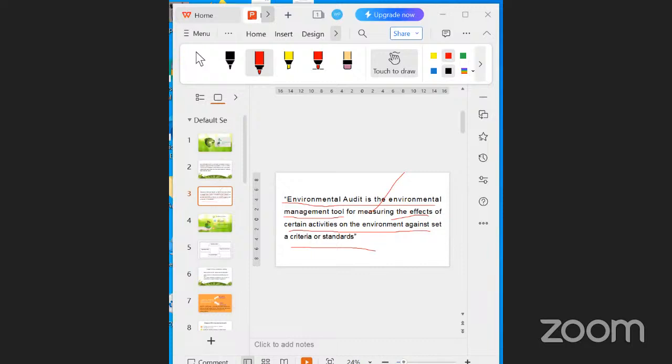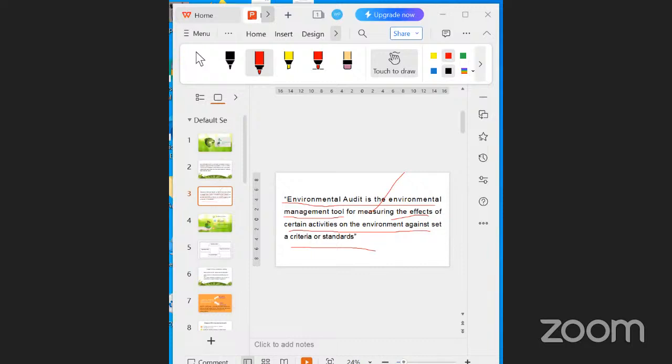So it is a management tool used for measuring the impact of industrial activity.